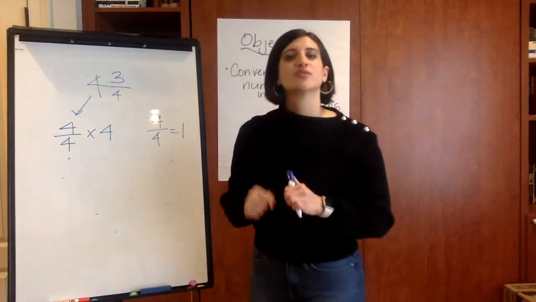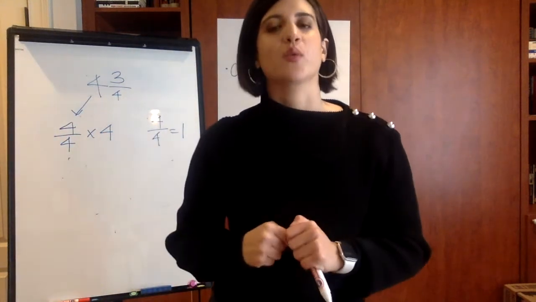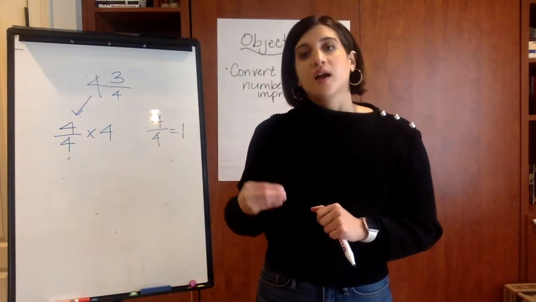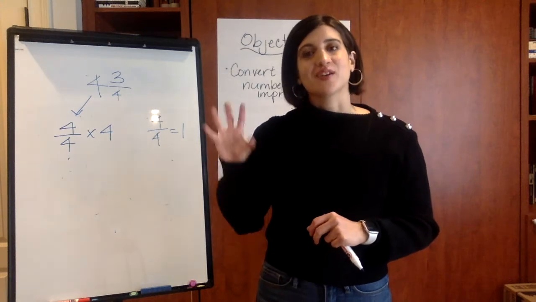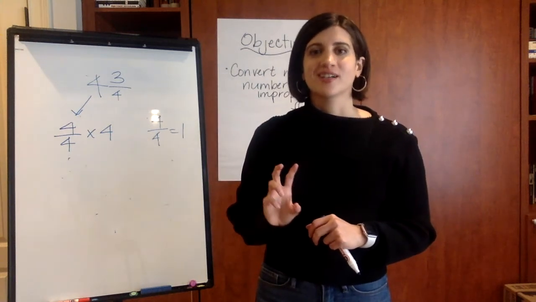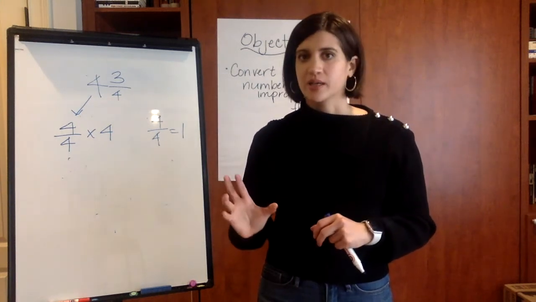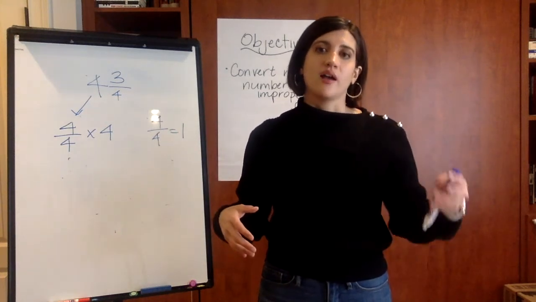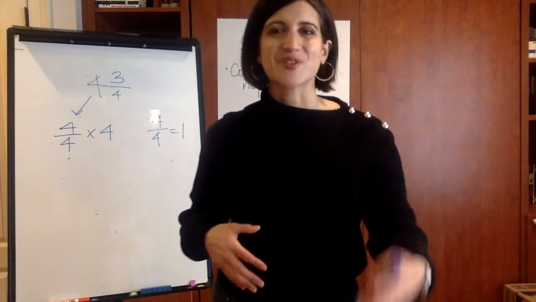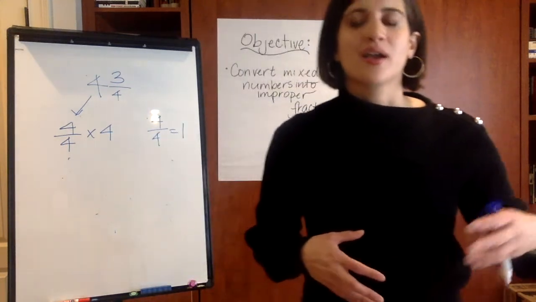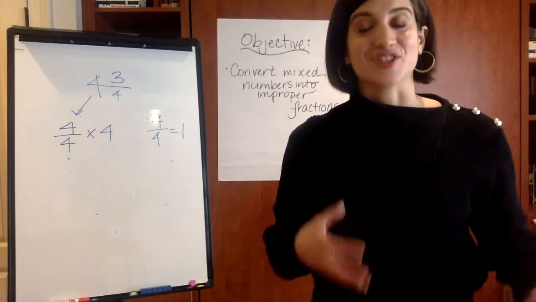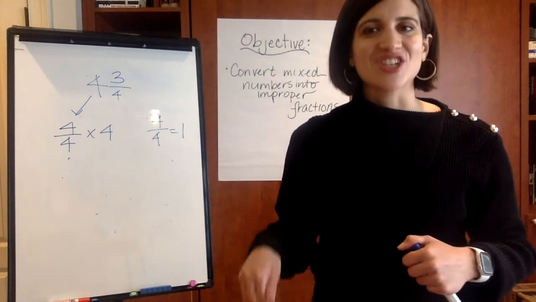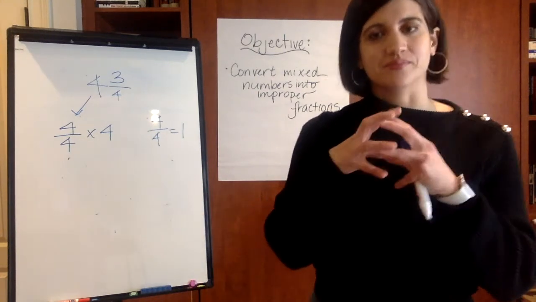And in order to use this strategy, I have to remember that when I multiply a whole number times a fraction, I multiply the whole number by the numerator and my denominator remains the same. And the reason behind it is because when I'm multiplying a fraction by a whole number, what I'm really doing is adding up that fraction over and over again. And as you know, my denominator, or the total pieces I have, does not change because I combine them.